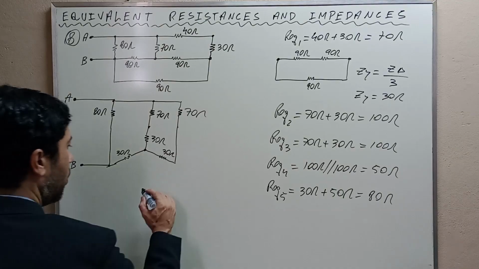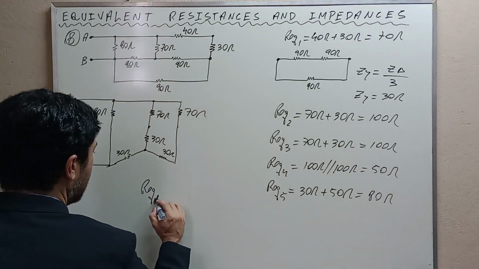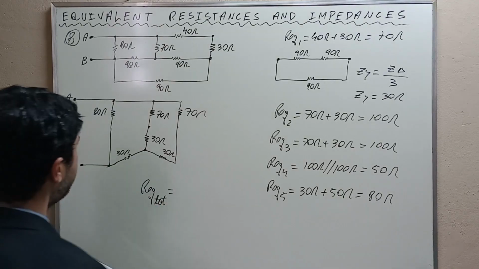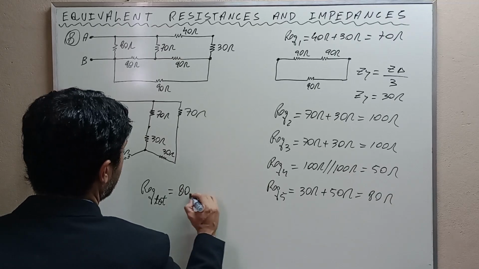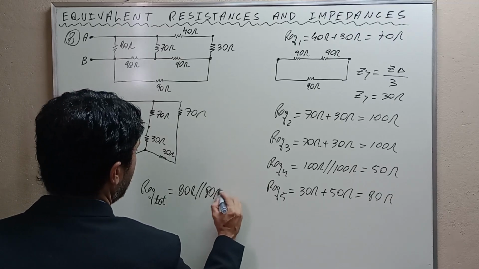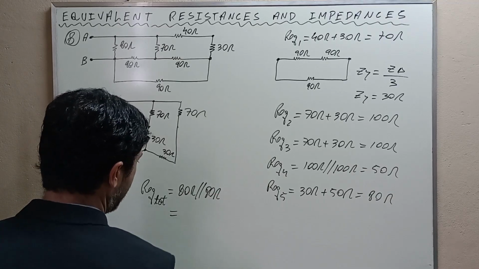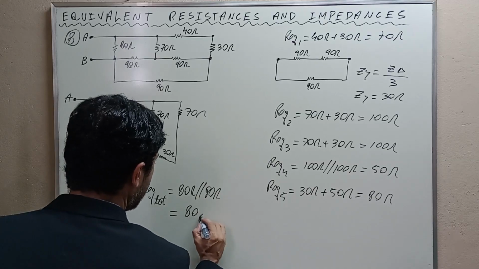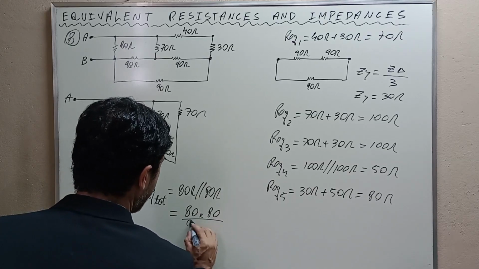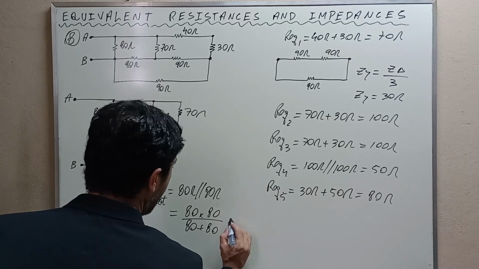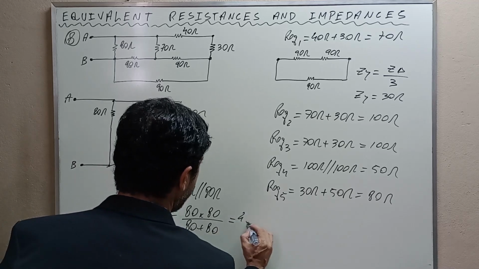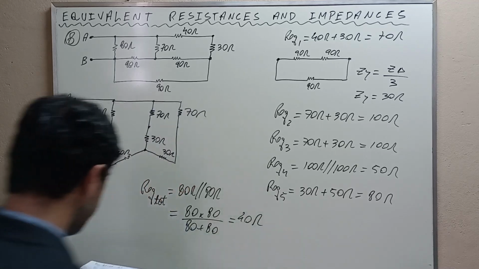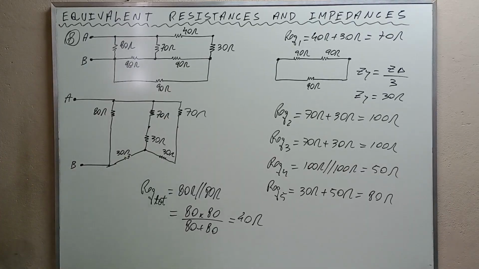The final or total equivalent resistance is 80 in parallel with 80, and this is equal to 80 times 80 divided by 80 plus 80, and this is equal to 40 ohms. And this is the solution of the exercise.